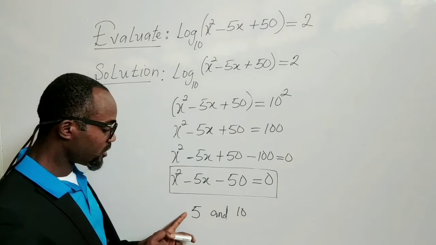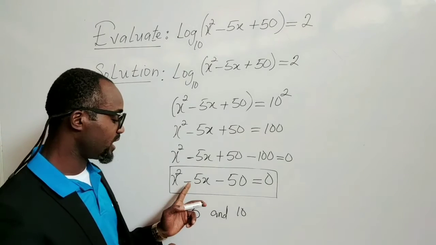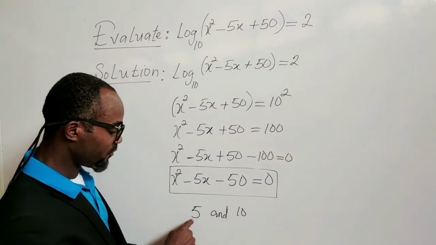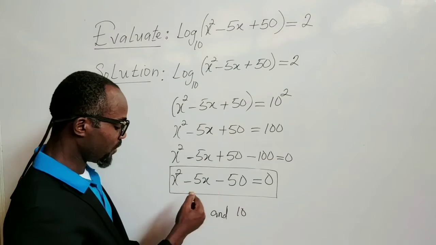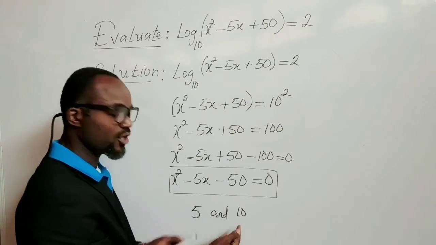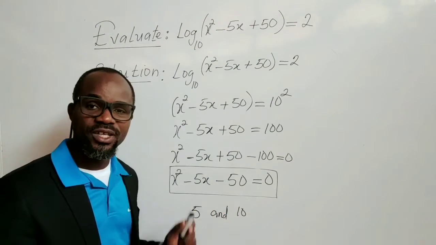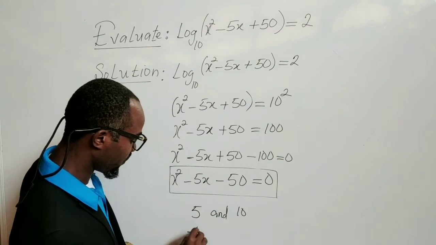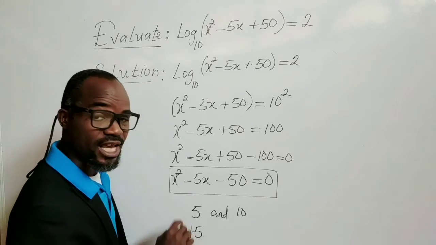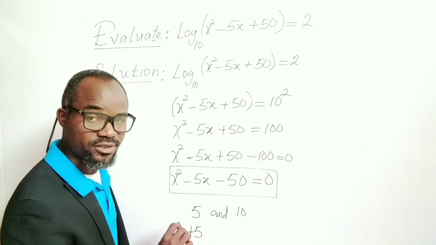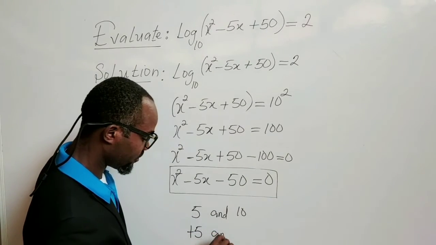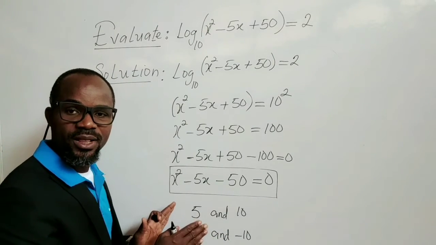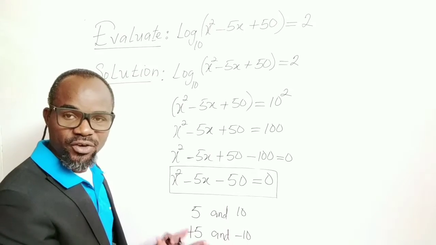If we assign plus 5 minus 10, it's going to give us negative 5x. Then plus 5 times minus 10 gives us minus 50. So the signs are okay. We assign plus 5 and minus 10. These are the two numbers. We have determined their signs.